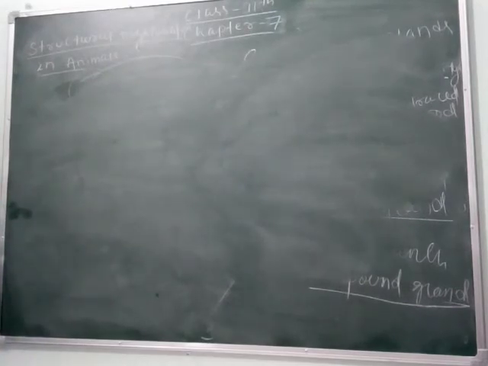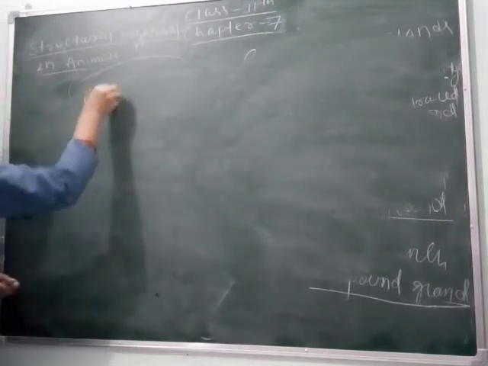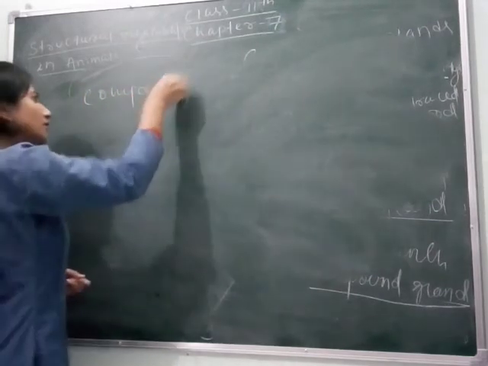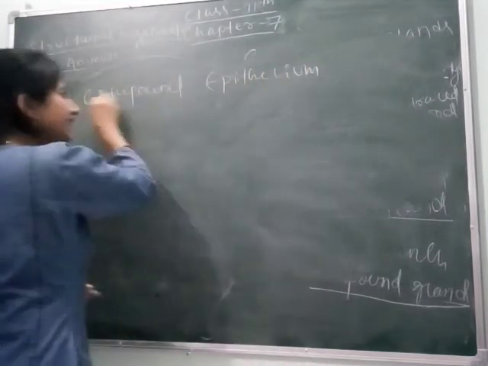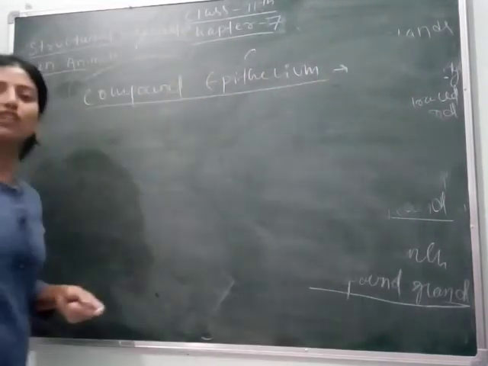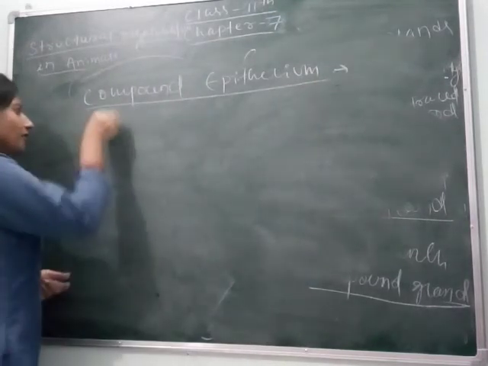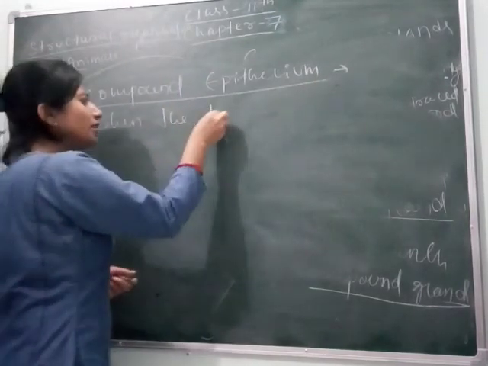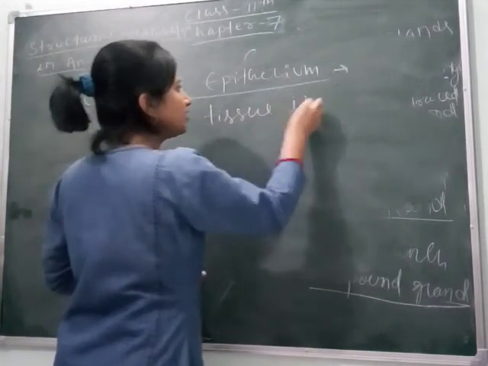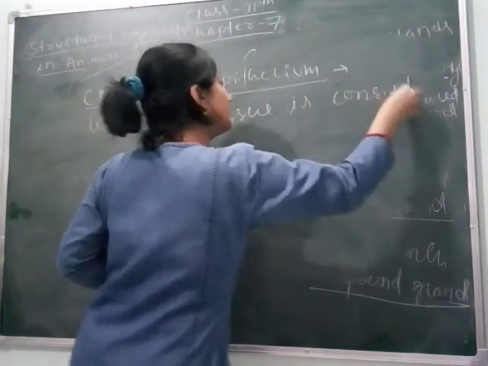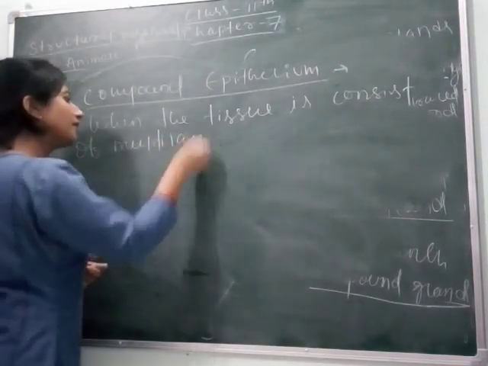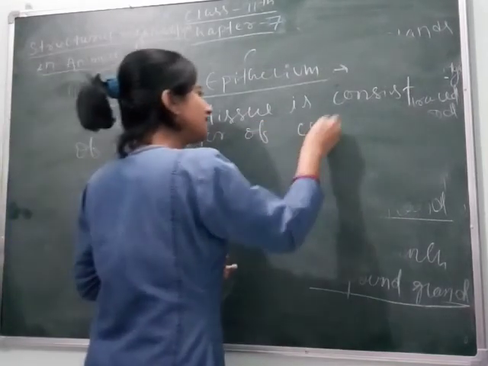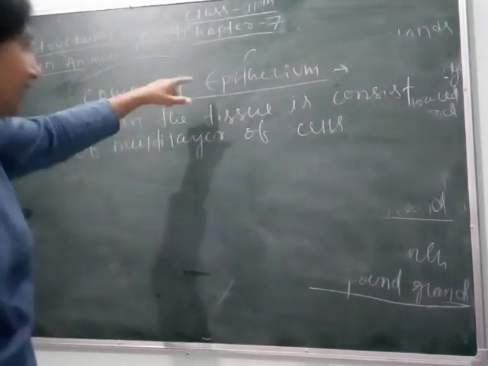Students, remember, when the tissue consists of multiple layers of cells, it is called compound epithelium.